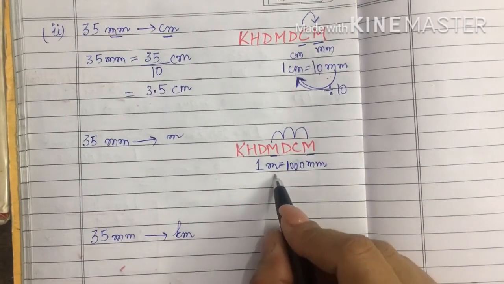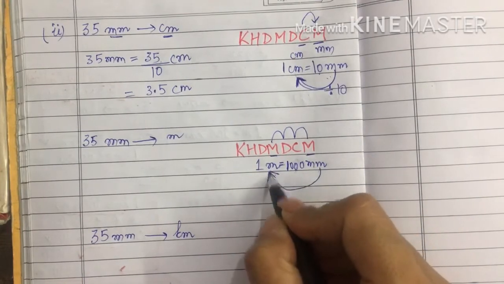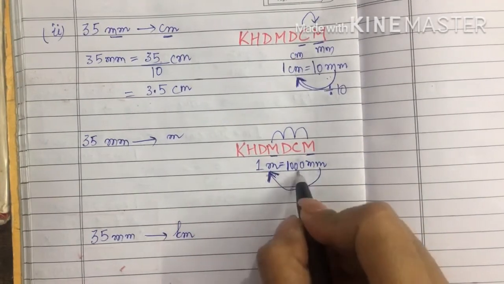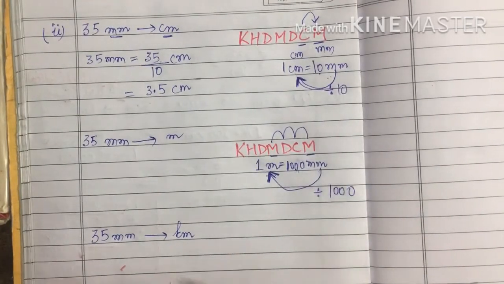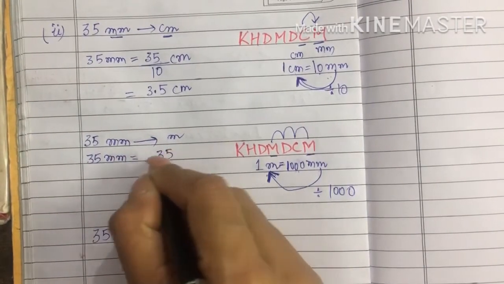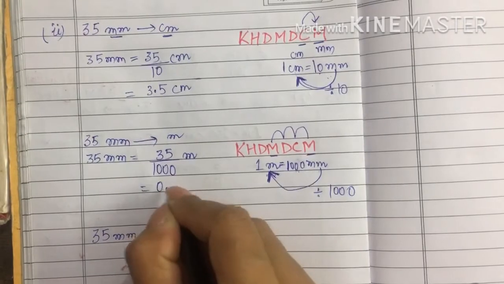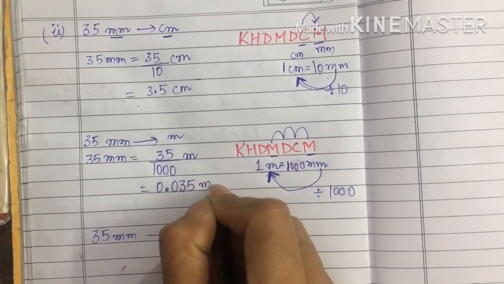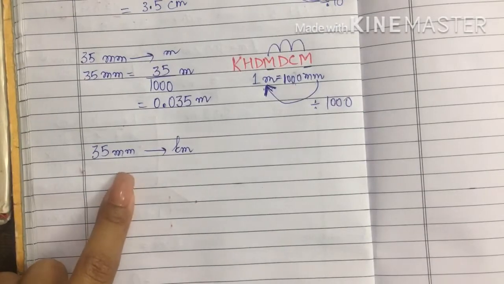So 1 meter equals 1000 millimeters, and I'm converting to meters. So from smaller to bigger, I have to divide again, divide by 1000. So 35 mm will be equal to 35 divided by 1000 meters. So this will be 0.035 meters. Now let's do the last part.